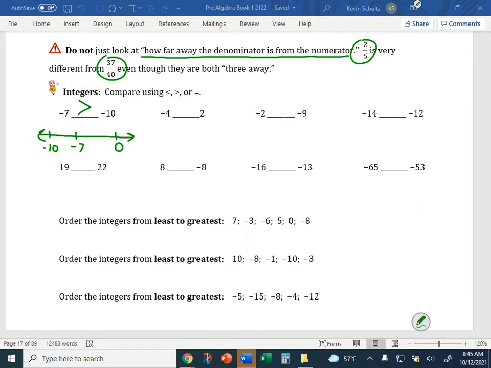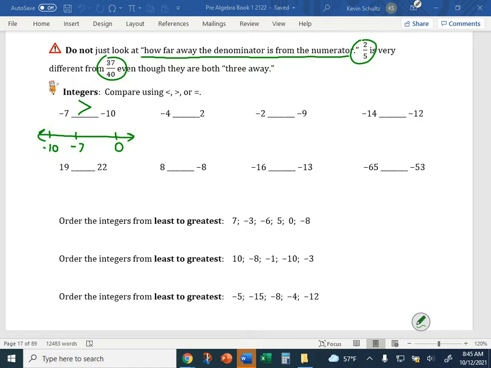And as Dayton said, the further to the left you are, the lesser the values are. We can re-say that to say the further to the right you are, the greater the values are, right? So -7 being further to the right on the number line is going to be greater than -10. Yeah? Good. Abby?